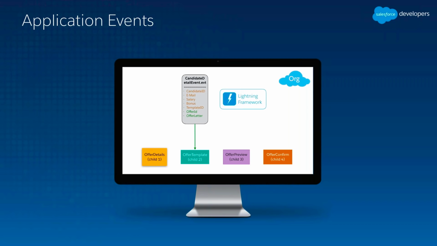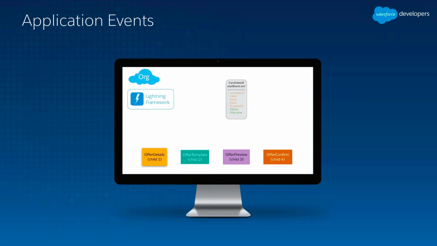It's going to do some different things with the information that it just received, and then it's going to fire that same Lightning event, candidate detail event, but now adding the information of these attributes in green, so offer ID and offer letter. So basically, this is the approach that we took to carry this information to all the different children in our single page app.